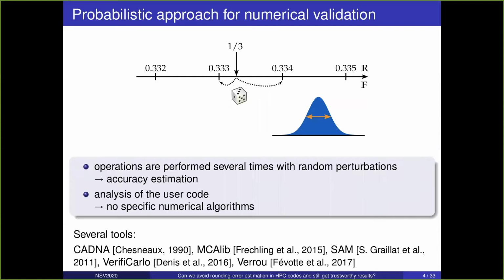There's no need for specific numerical algorithms to solve the user problem. I give here a list of tools that implement such an approach. I tried to give the year of the first version of each one. These tools differ by several aspects, such as the number of executions, the way perturbations are carried out, their ability to detect numerical instabilities.